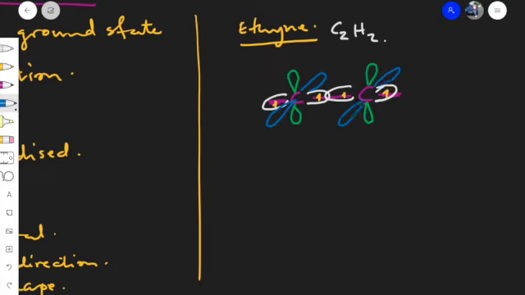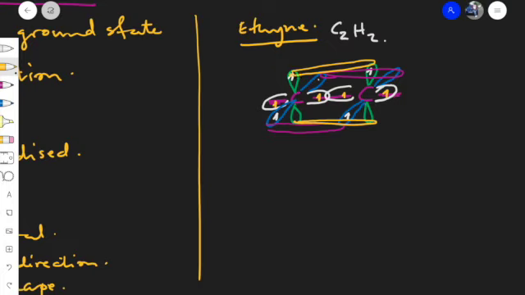And remember that we still have electrons in here, and these orbitals are, of course, going to merge, and the green orbitals will also merge. These will merge.